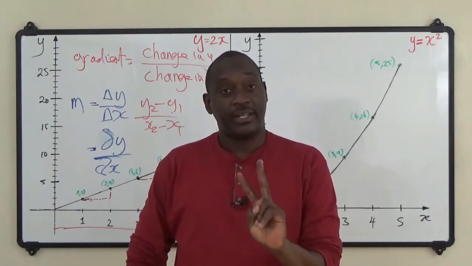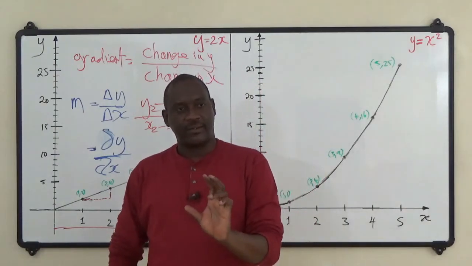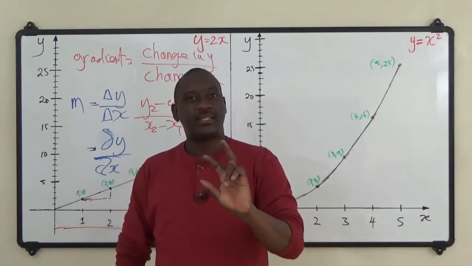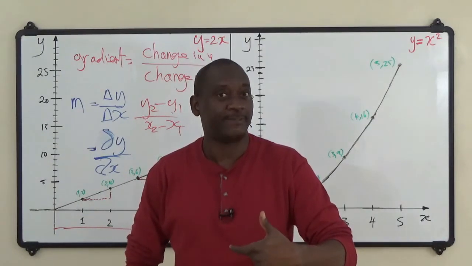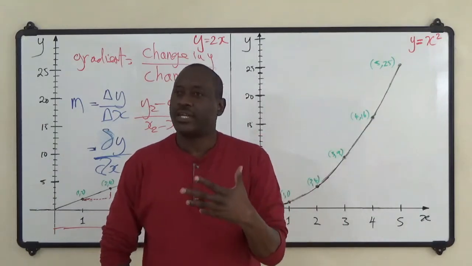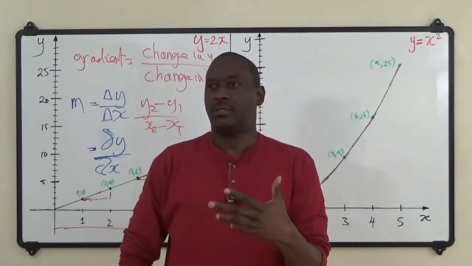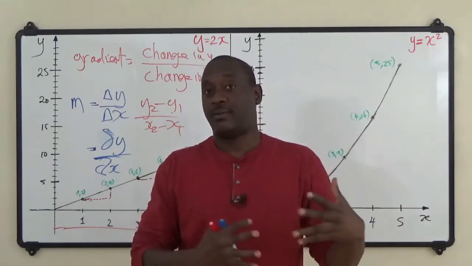You could define the gradient of the line segment between 2 points on a curve. You could do that. You could define the average gradient or the average ratio of x and y.